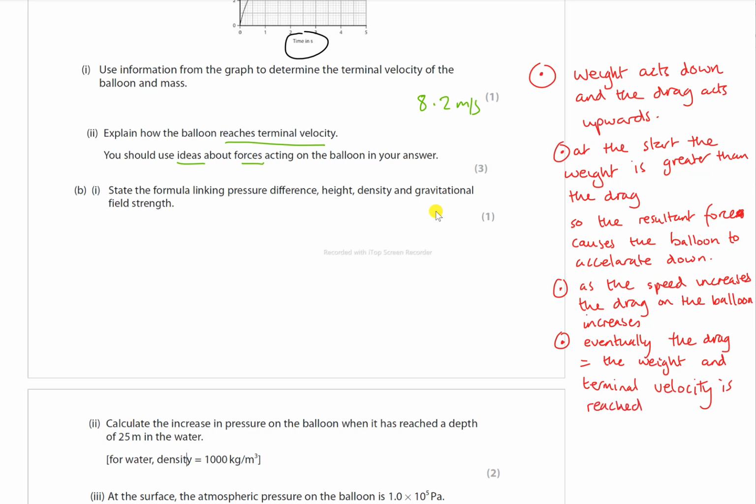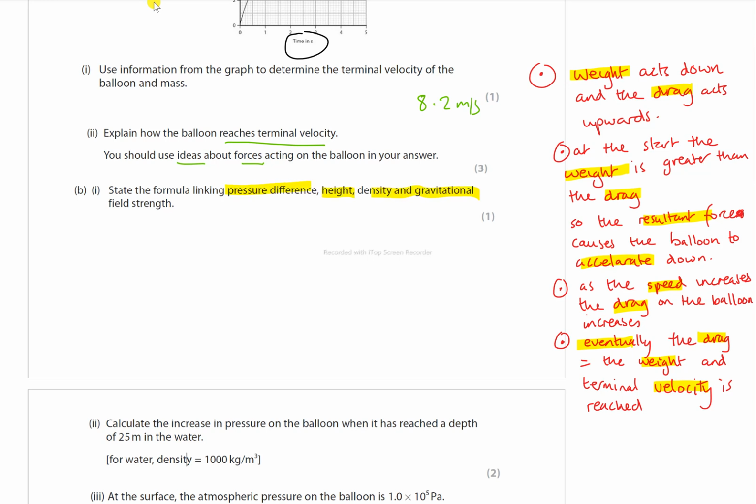So look at this, just watch this carefully. It's a standard answer, this, to be honest with you. So the weight's acting down and the drag's acting up. At the start, because the weight is greater than the drag, the resultant force is downwards, so the balloon accelerates. As the speed increases, the drag increases. Eventually, the drag equals the weight and you've reached terminal velocity. It's not going to go any faster. Right, okay.